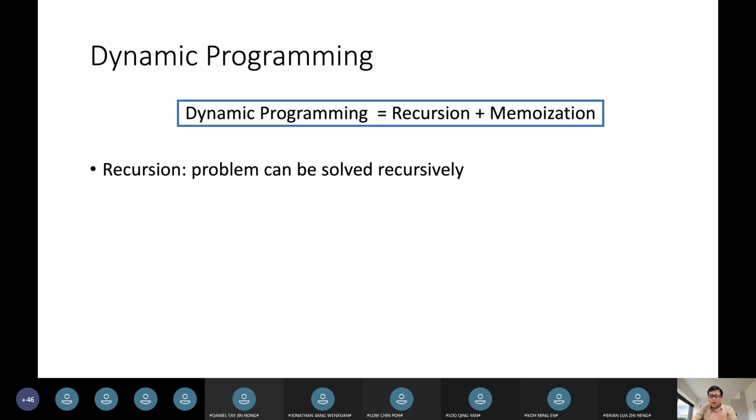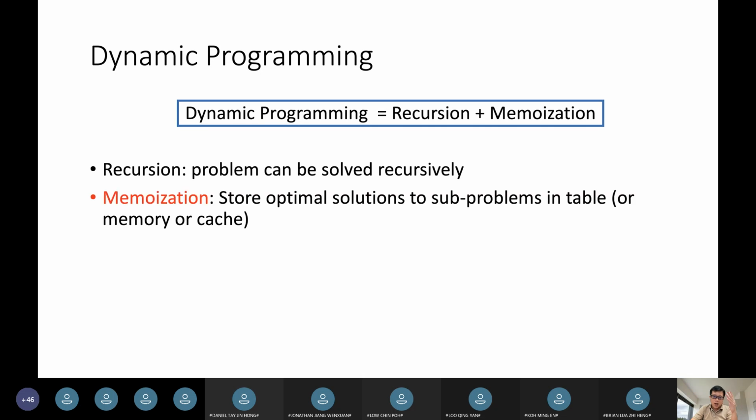Okay, memoization is just a memory, right? We remember in the lecture we have some array, 1D array, 2D array. So that we just memorize the previous result we already calculated. Okay, so for dynamic programming, we can solve the problems that can be solved recursively, but we add memoization.